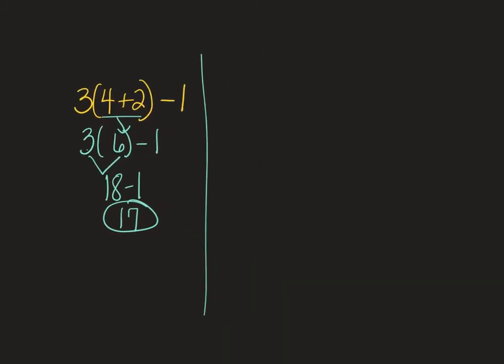All right, so let's say that we have 5 times (9 plus 7) minus 14 times 2. Now remember, I told you sometimes multiplication will be written with a raised dot.